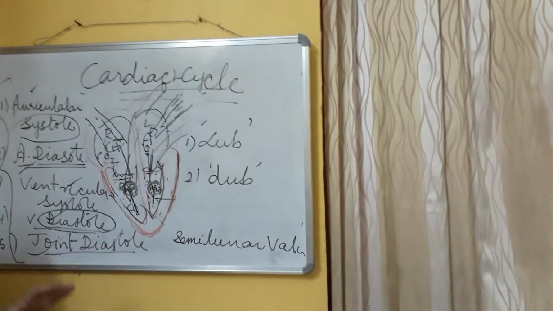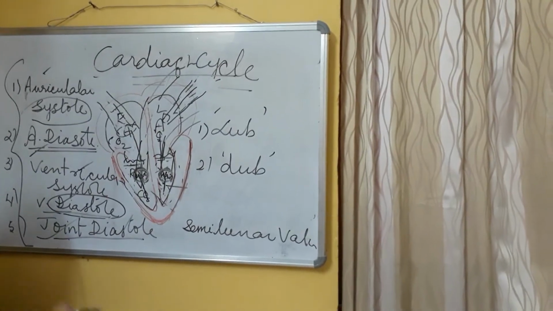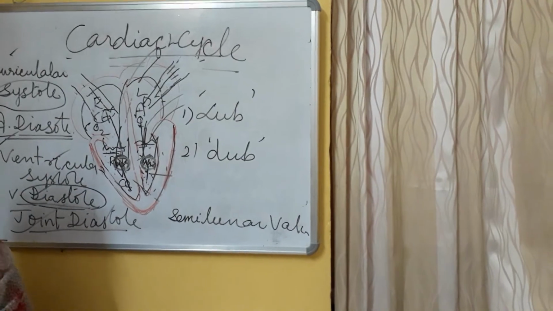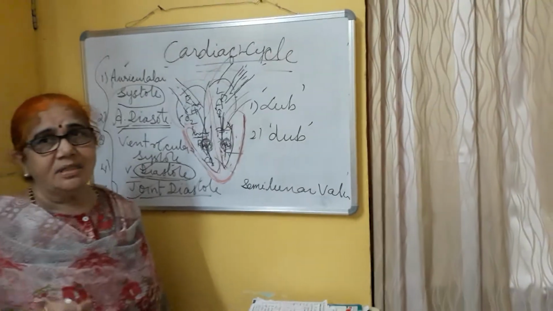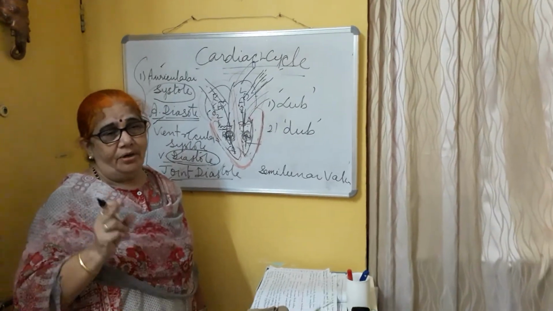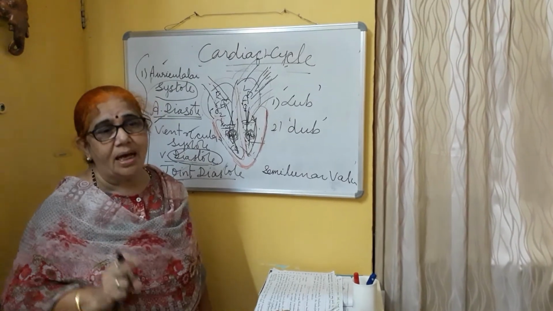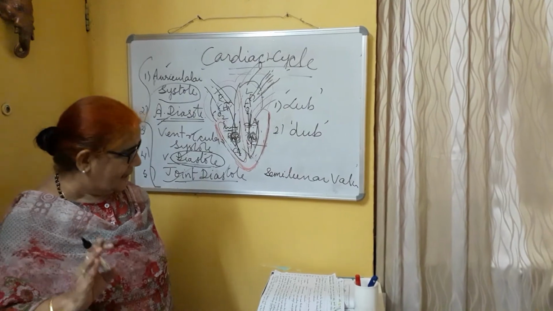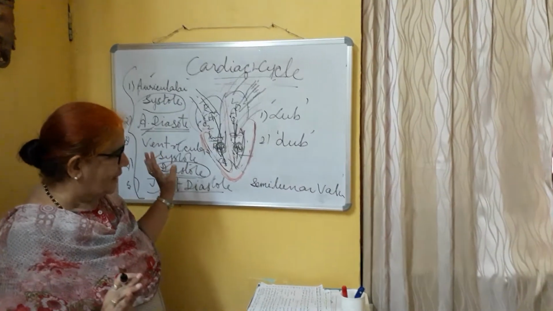In that time the pulse will show 72 times, and both the valves are closing. So the valves are closing and sounds are made, because of the ventricular systole and ventricular diastole, by the closing of the cuspid valves and semilunar valves. This is the cycle.